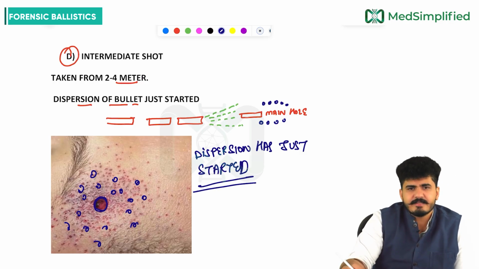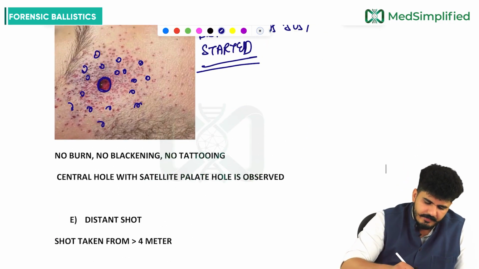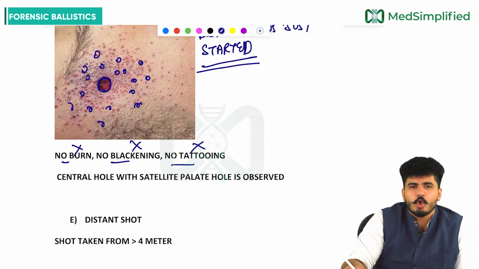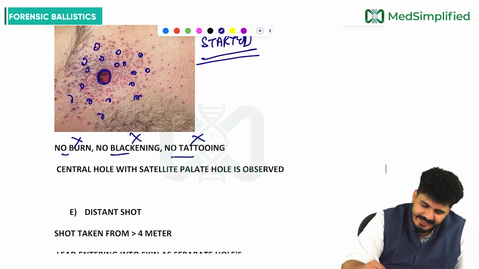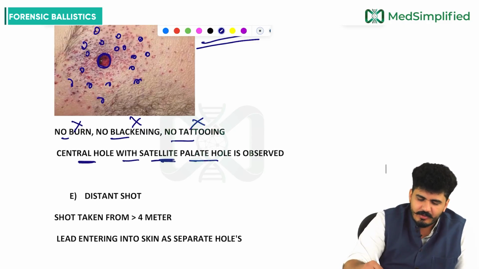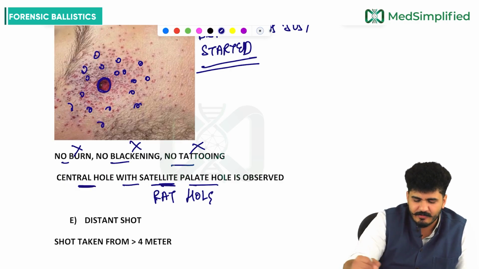There will be no burning, no blackening, no tattooing. Other than that, you will see the central hole with the satellite pellet holes, which we can also call rat holes, my dear friends.